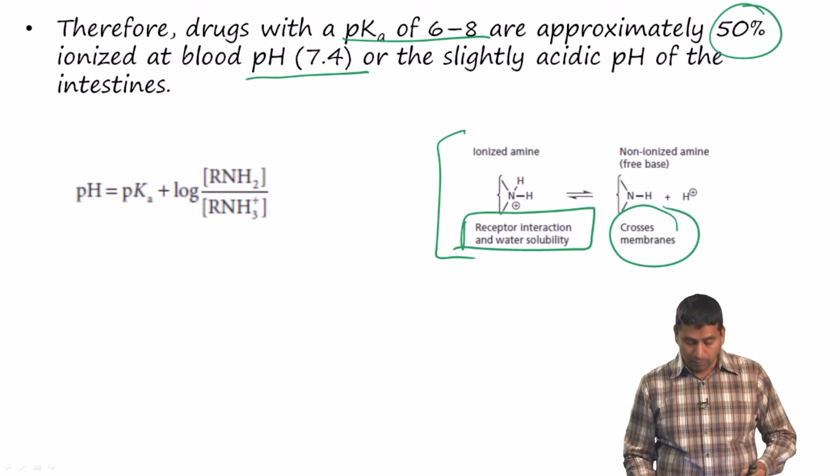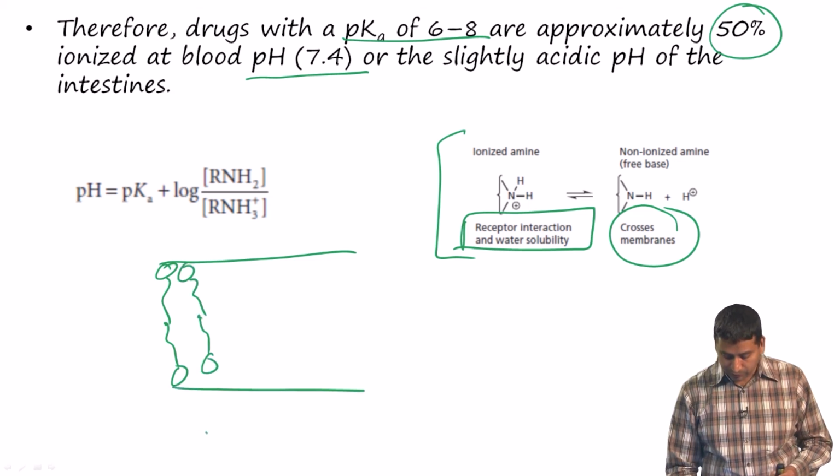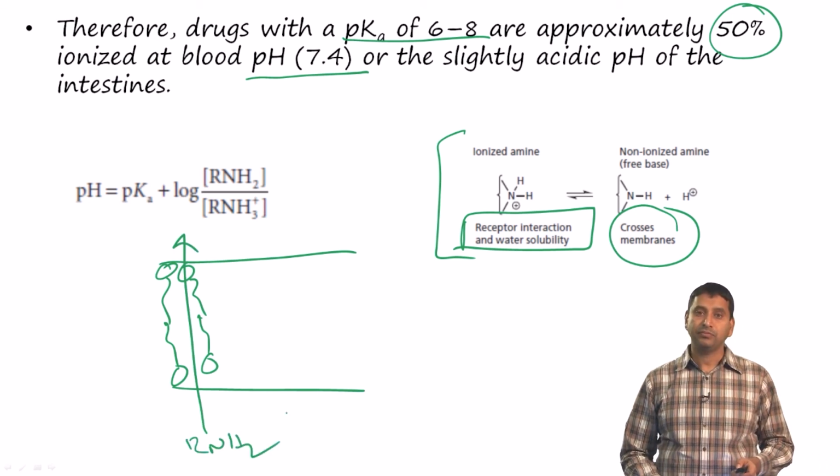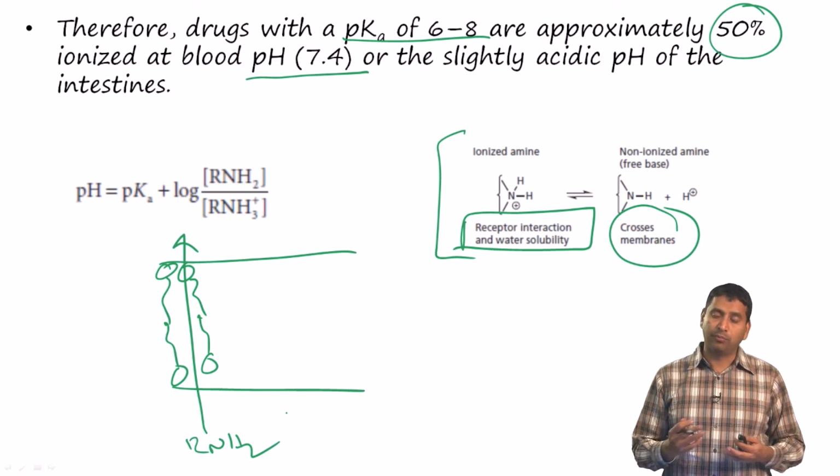Here it can help with crossing membranes, because membranes, as we know, have high levels of lipids. So, neutral molecules can cross membranes very well. So, amines are very versatile functional groups because of these properties.